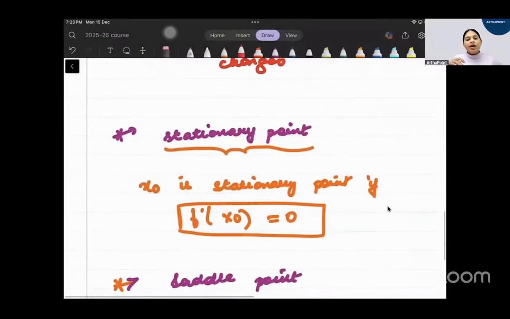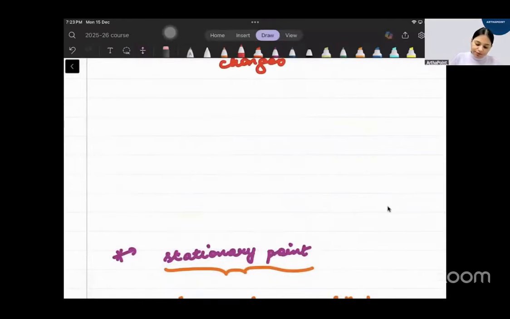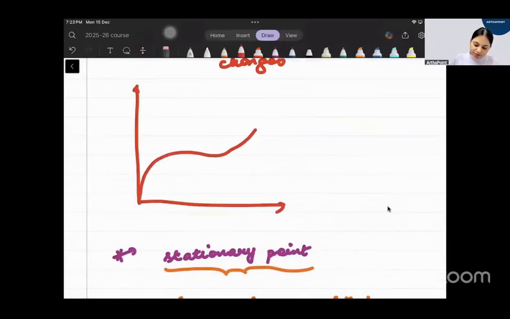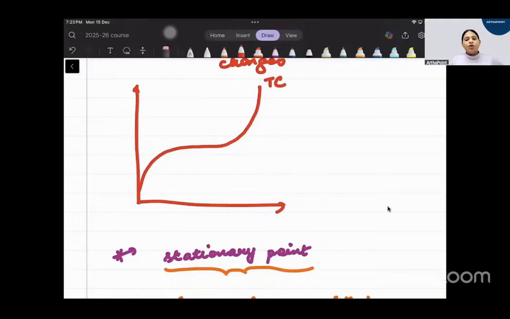माने, so if you draw a cost curve, you will notice that the curvature of the function is changing, right?